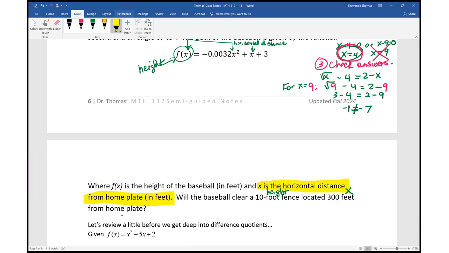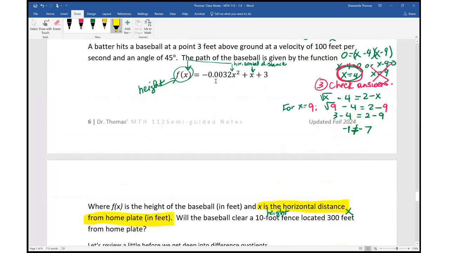All right. Now, all we have to do is use this function that they gave us, plug in x to get our output. We want to see, will our baseball clear a 10-foot fence?